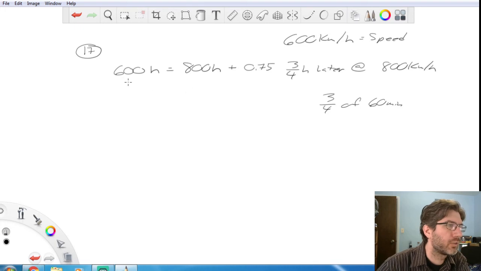I'll bring the 600 over to show you what happens when there's nothing over here, because you're going to be left with 0 then, because this is technically 0 plus 600h. So let's bring the 600h over. So let's subtract 600h from here and subtract 600h from here. This is going to give you 0 because they cancel.